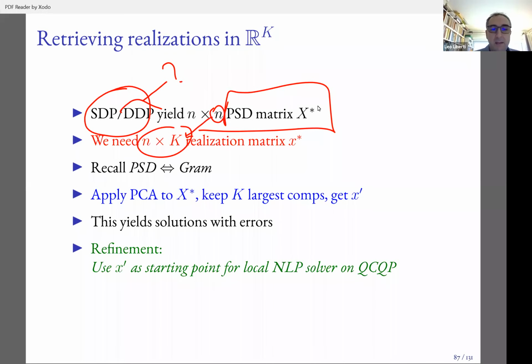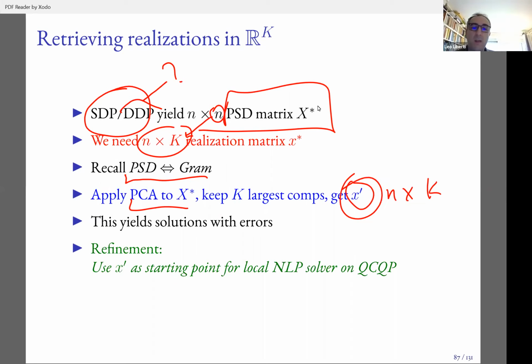Okay, and I recalled to you that the PSD matrices are also Gram matrices of something. So you can apply PCA to the solution and then keep the k largest components of PCA and get a solution x prime, which is n times k. Okay, so this is now in the correct dimensional space, but it has errors.